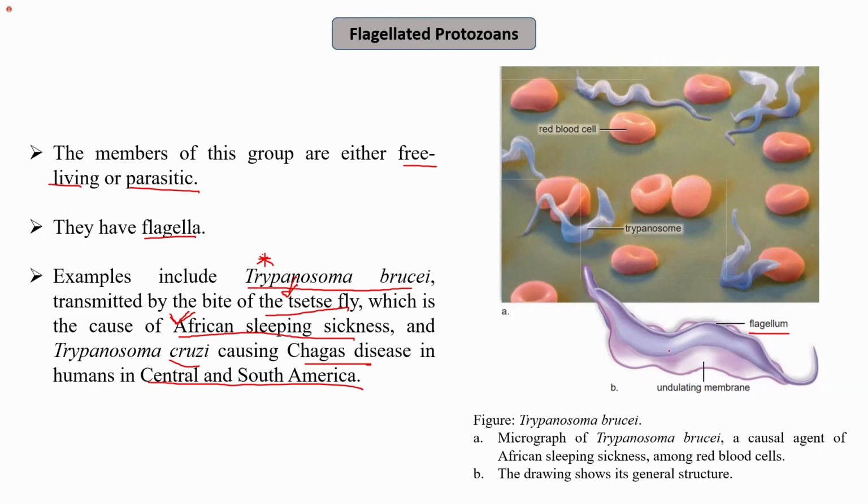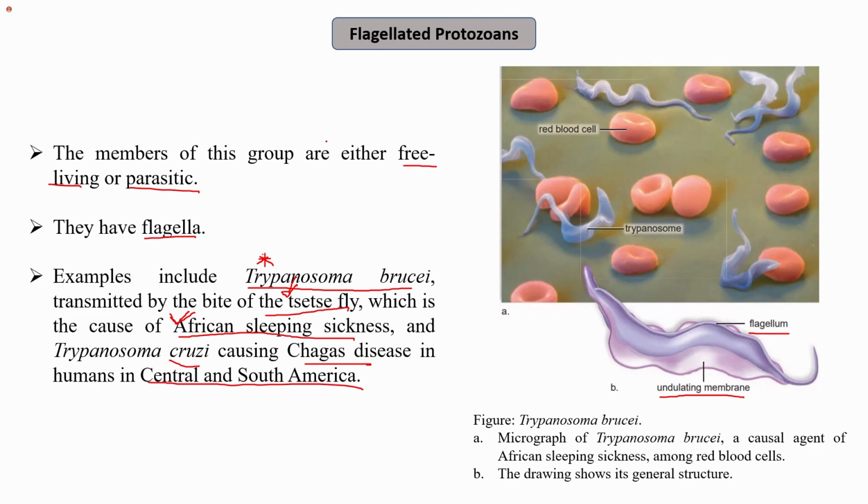The other structures are like the other eukaryotic cells, and they have an undulating membrane, that is, a folded membrane that also facilitates movement along with the flagellum. This is the membrane which surrounds the trypanosoma.